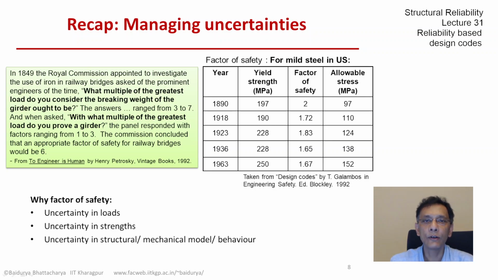The idea of tying factor of safety, or more correctly in modern times, factors of safety in plural, with an explicit level of reliability in probabilistic terms, is rather recent.